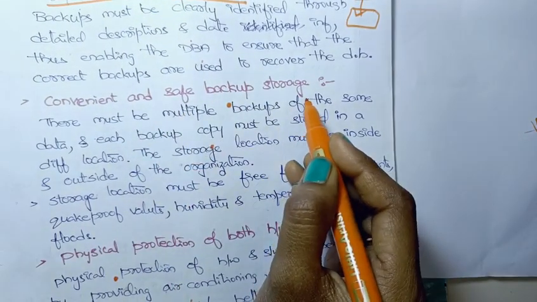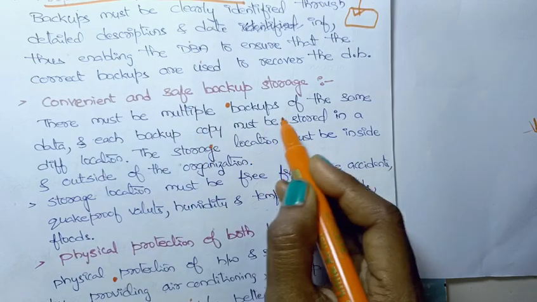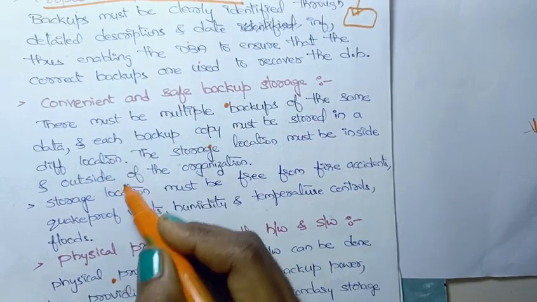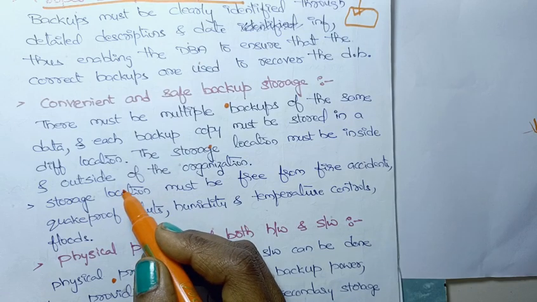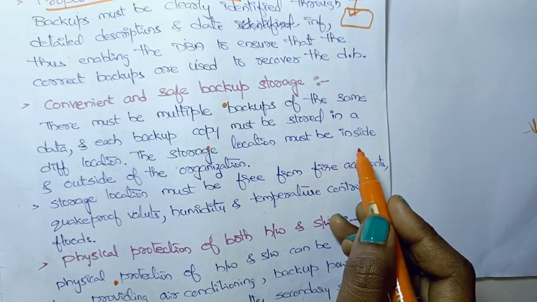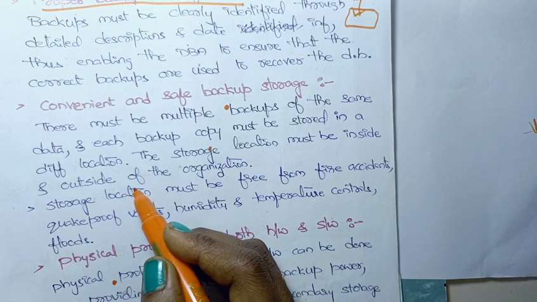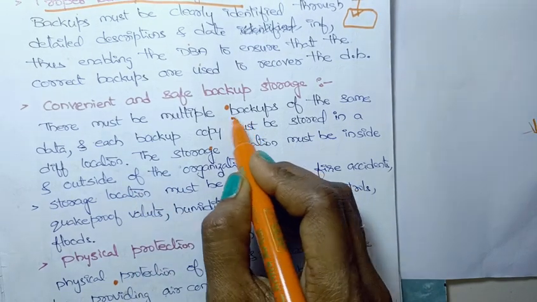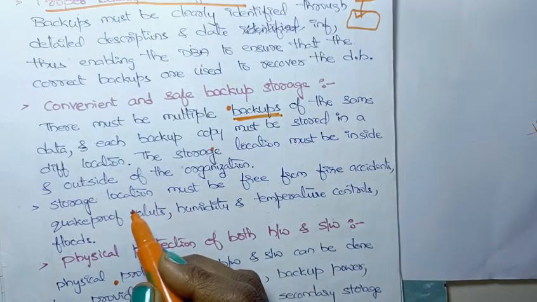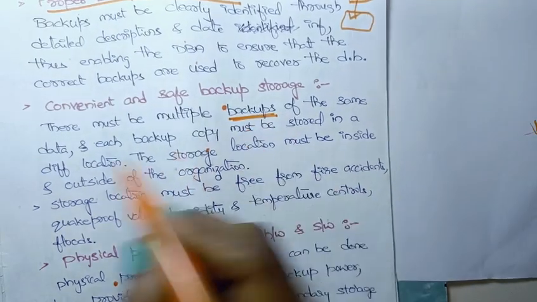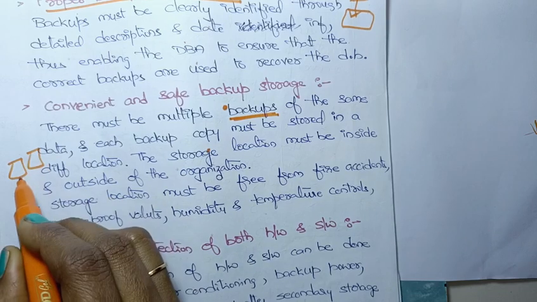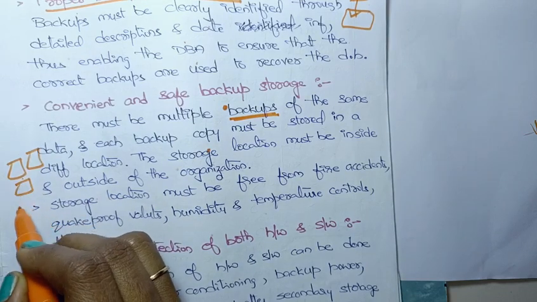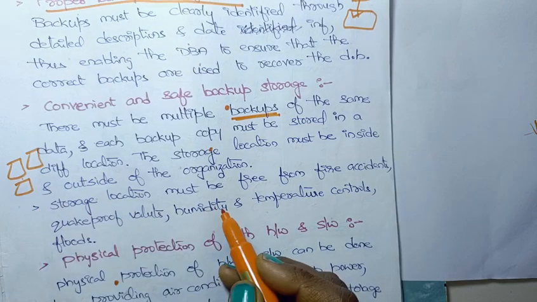Convenient and safe backup storage. There must be multiple backups of the same data, and each backup copy must be stored in a different location. The storage location must be inside and outside of the organization. So always take multiple backups of the same data, and store those backups inside the organization and also outside of the organization.